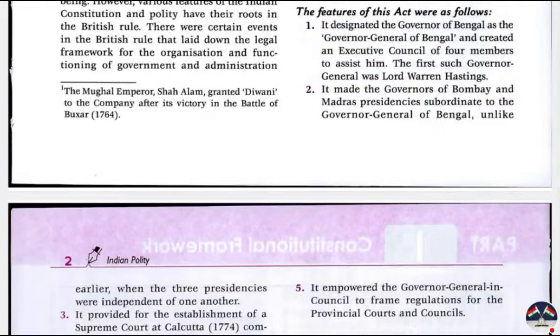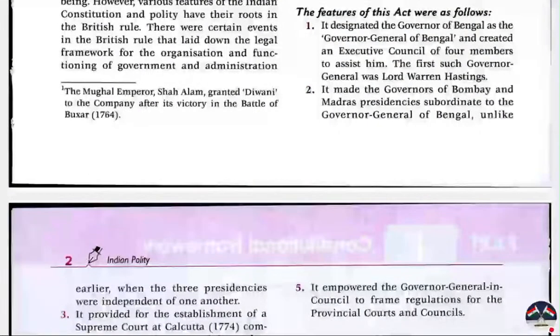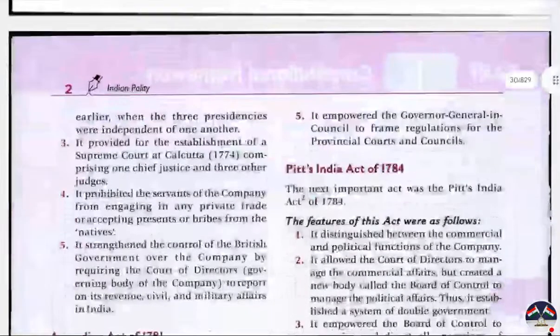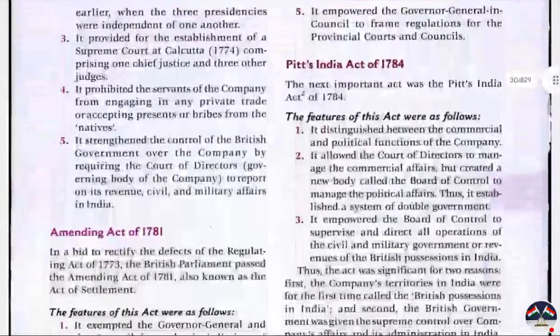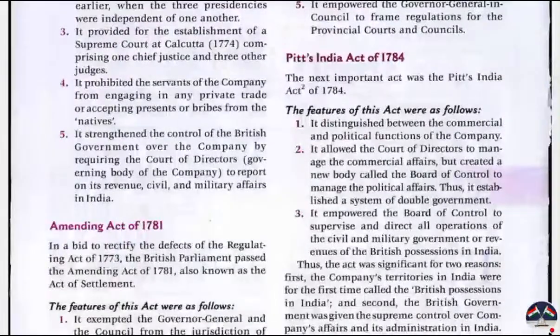The first such governor was Lord Warren Hastings. Secondly, it made the governors of Bombay and Madras presidencies subordinate to the Governor General of Bengal, unlike earlier, when the three presidencies were independent of one another.